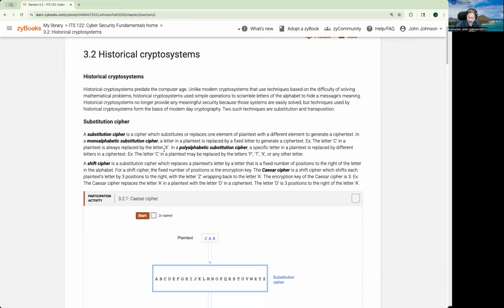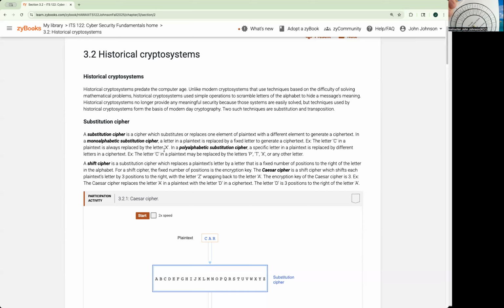So we line up A with A, and that's going to be a shift of zero. But if you wanted to actually shift it by, let's say, a Caesar cipher, which is three, we would turn the inner wheel, and I'll show you what that looks like in a minute. We would turn it three over, and that would give us the A corresponding with the D here.